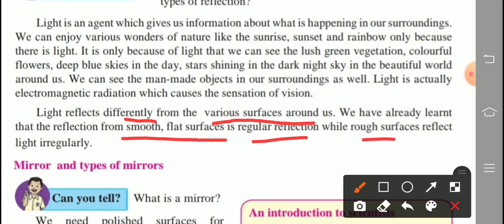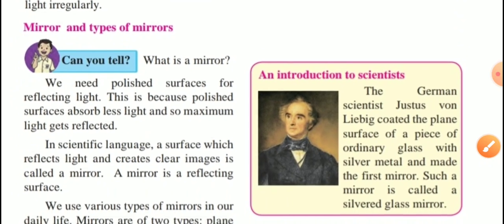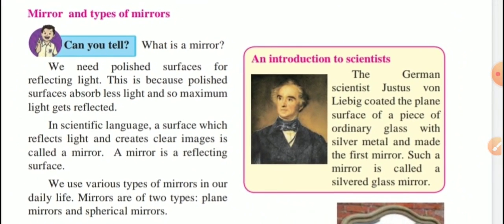While a rough surface reflects light irregularly, means that an irregular reflection takes place from the rough surface. Clear? Next point is given here, mirror and types of mirror. So check that.